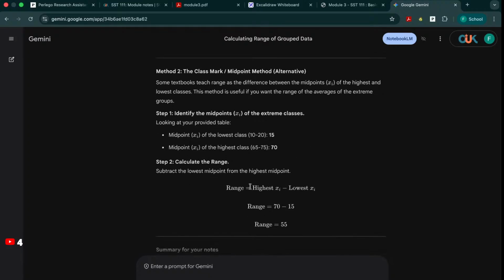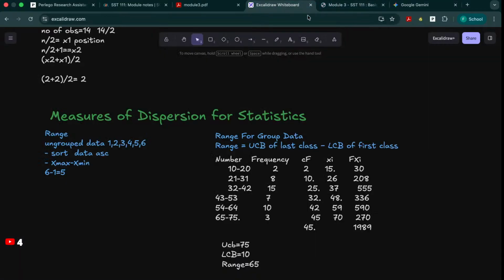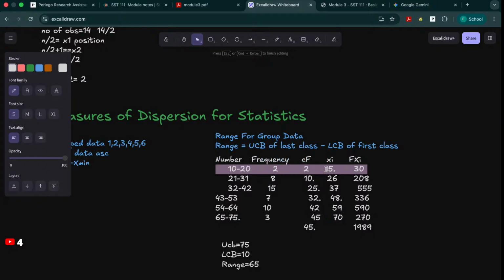Also there is method 2, whereby you are using midpoints. Like this is our midpoint here.